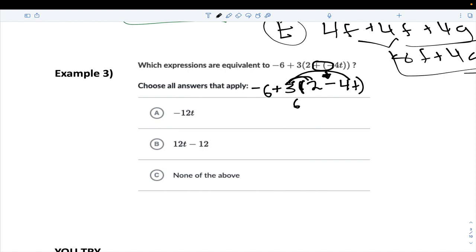You shook hands with the 2. I need to shake hands with the -4. What's 3 times -4t? Oh, -11. Close. 3 times 4 is... Oh, 12. My bad. Good. Blenders are part of math. That is nothing to apologize about.